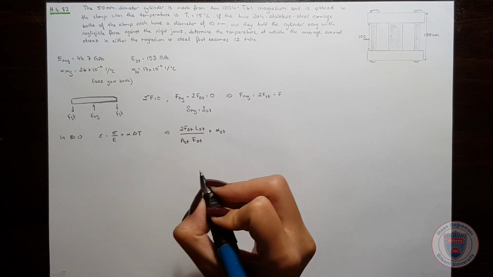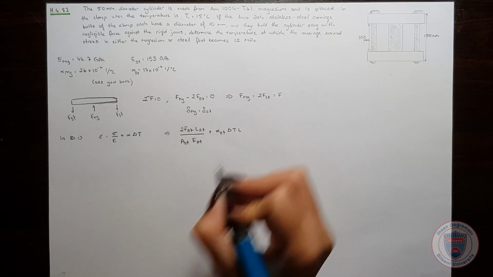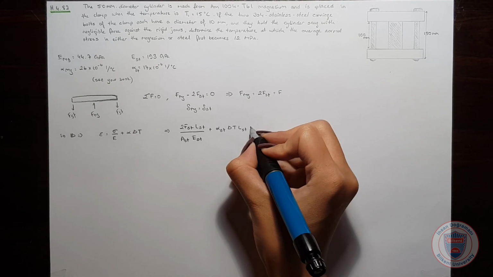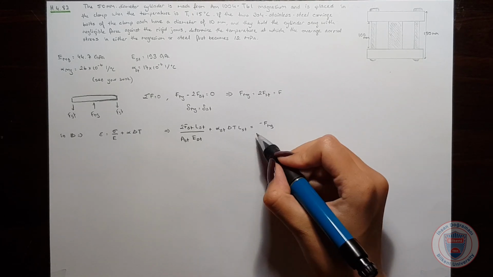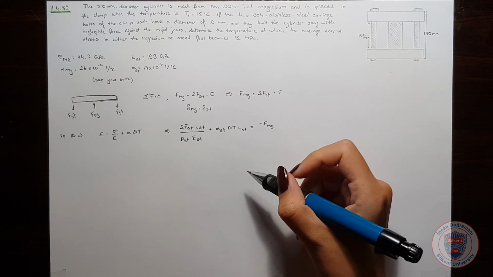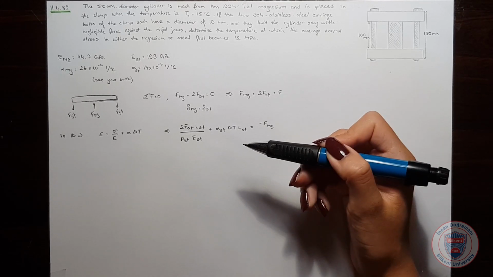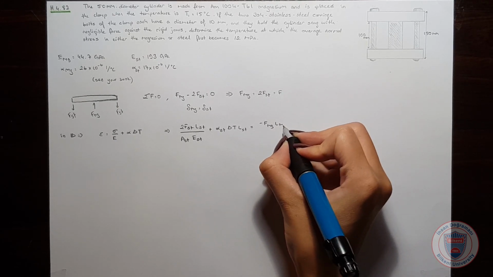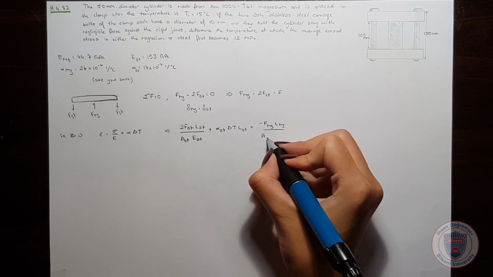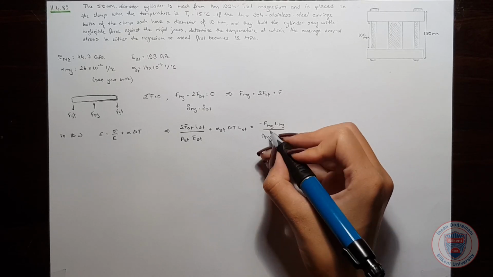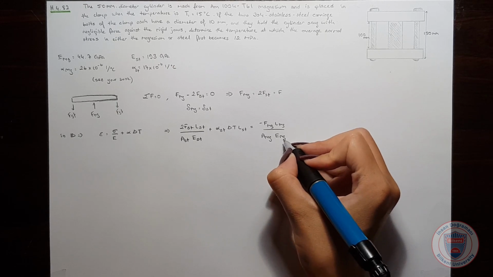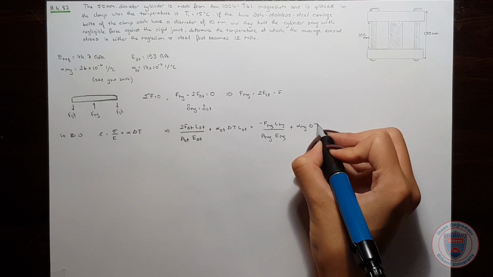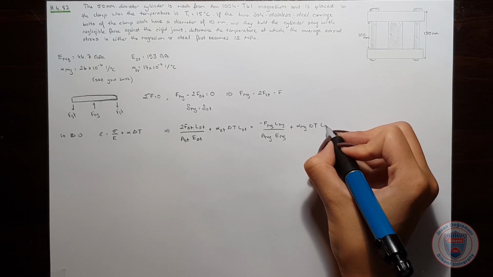Plus alpha st times delta t times L st will be equal to, now I will write minus FMG because while one is trying to expand, the other one tries to resist. Again, plus alpha mg times delta t times LMG.